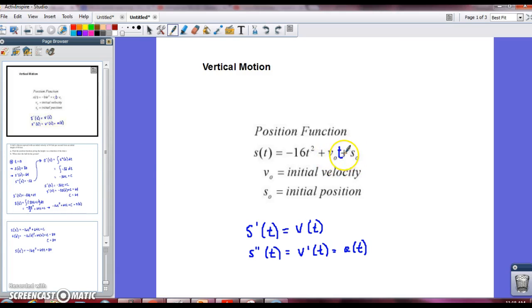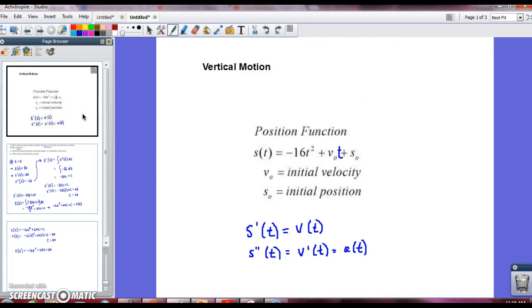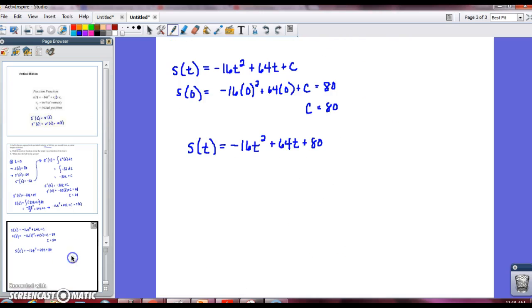Now, remember what I said in the beginning was we could have just plugged in our initial velocity and our initial position into this equation to get that position function because they gave us those parameters in the problem itself. Right? They gave us our initial velocity and they gave us our initial height. And we could have just plugged it in and we'd be at the exact same place that we are right now. Which is great that we can do that.